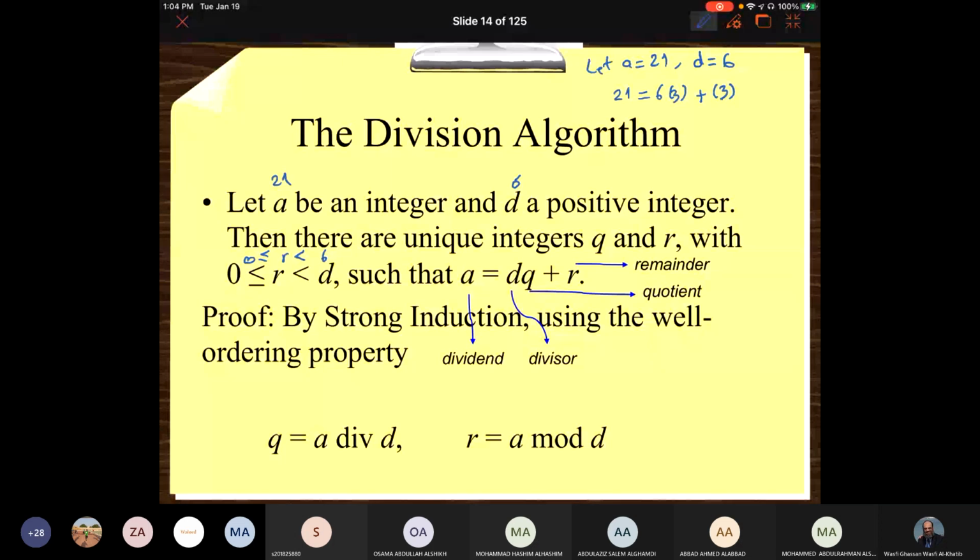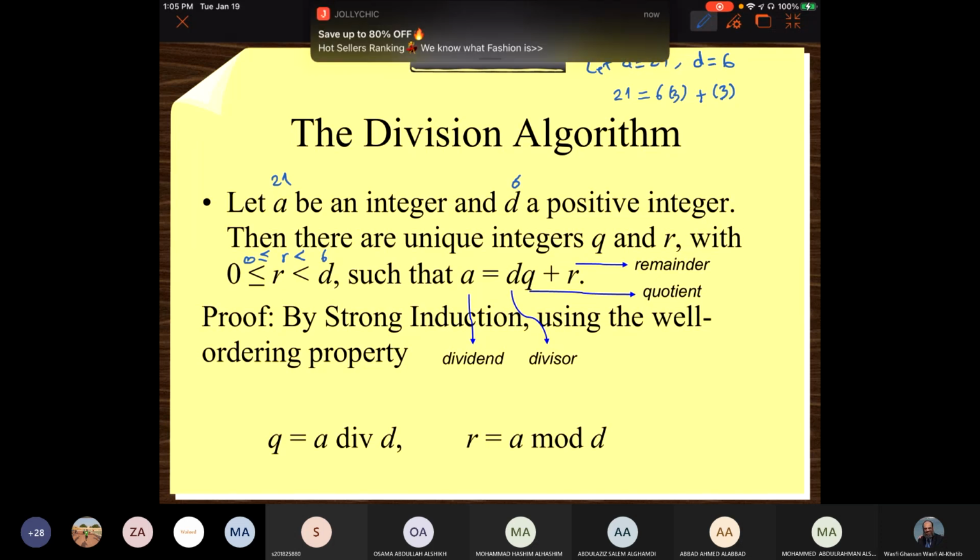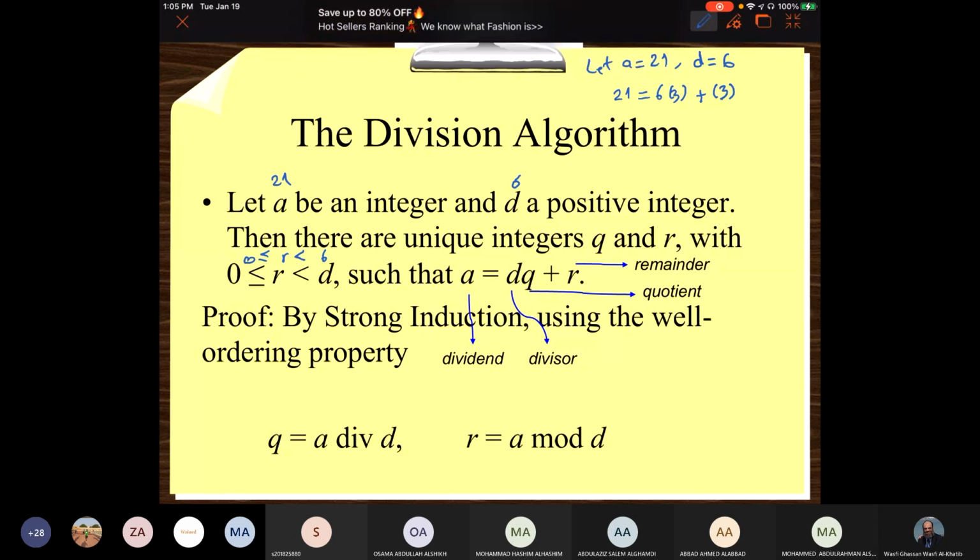Well, we're not going to use A and D a lot. The ones that we are going to use are actually Q and R. Now, the proof of the division algorithm basically uses the well-ordering property by strong induction, but we'll not do the proof. You'll not be responsible for doing the proof.